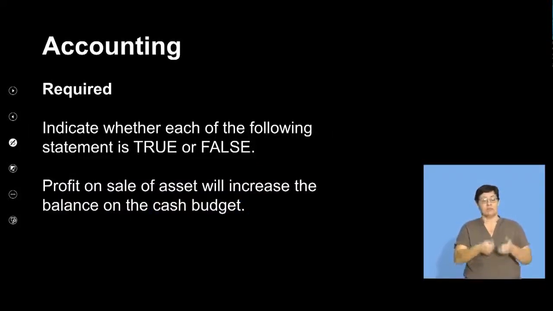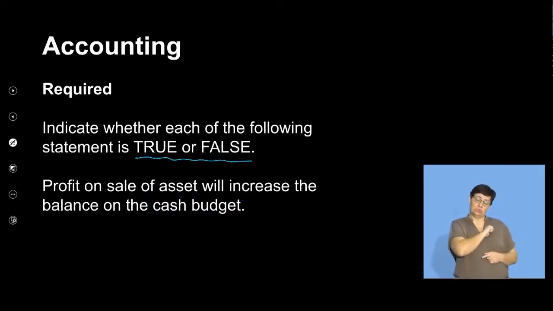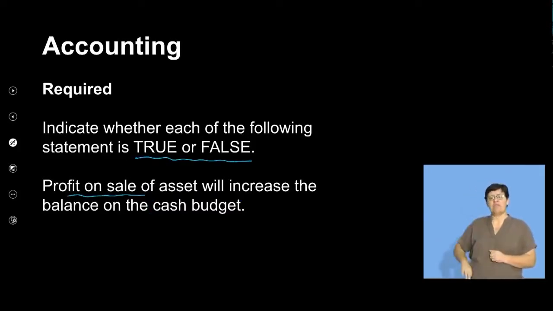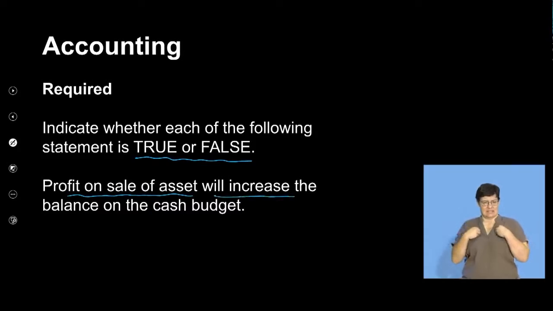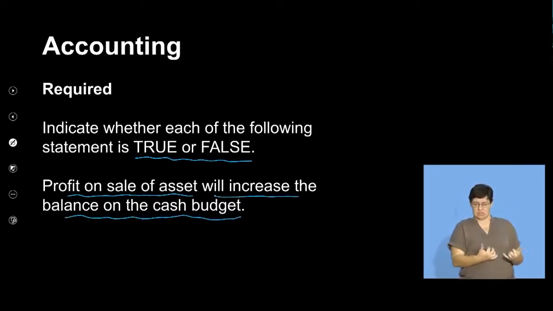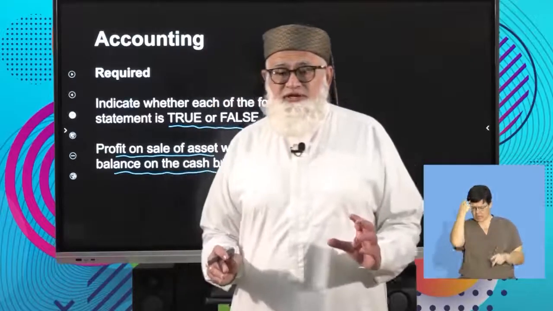The next one, again we're talking about whether the statement is true or false. Profit on sale of asset will increase the balance on the cash budget. Okay, think carefully.